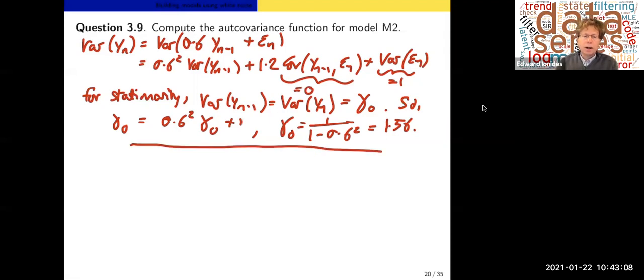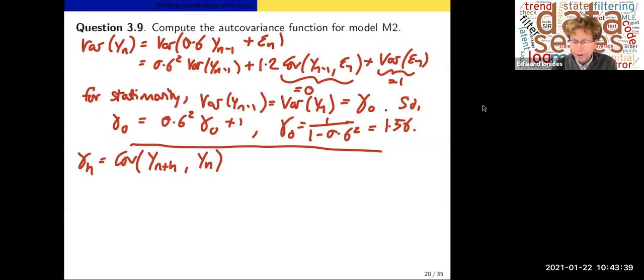And now I can do a similar calculation for covariance. If I want to define gamma of h, that is going to be the covariance of yn plus h with yn.